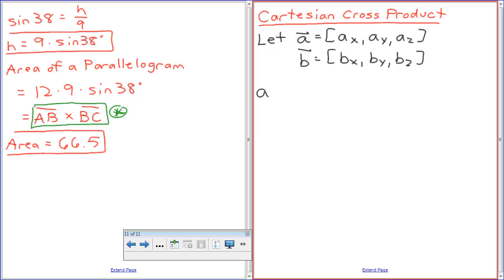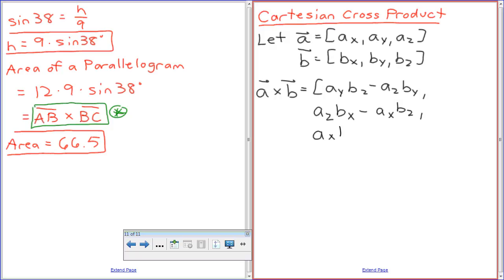Then A cross B is equal to AY BZ minus AZ BY, AZ BX minus AX BZ, comma, AX BY minus AY BX.